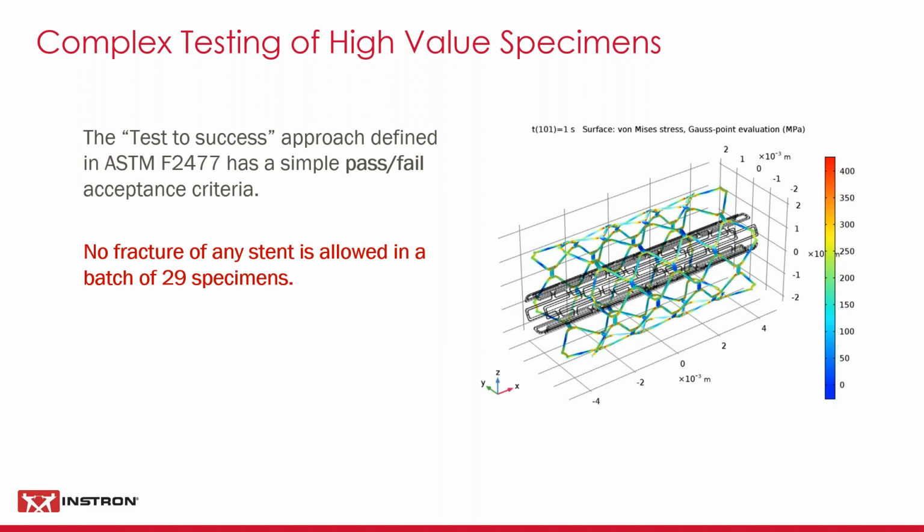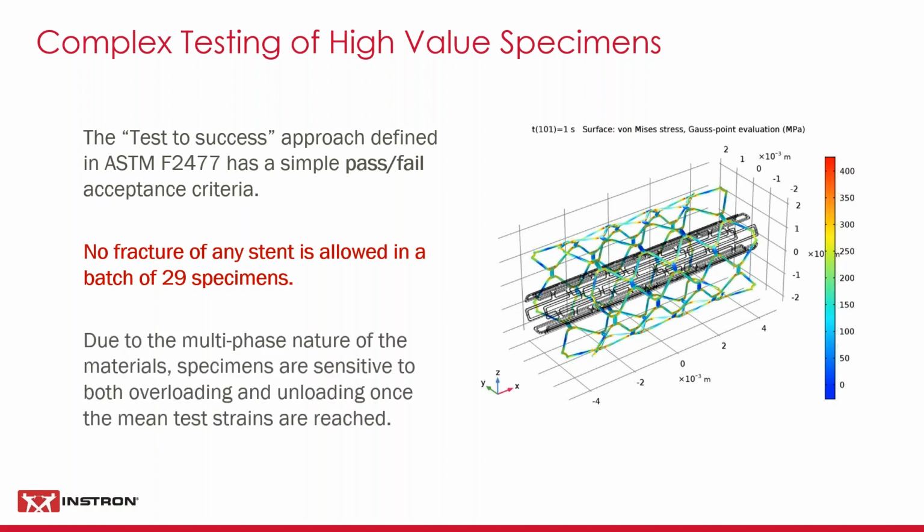Fundamentally, there must be absolutely no failure, no fracture of any part of the stent. So that makes life quite interesting. The other point to remember here is that we're looking at very small structures with quite interesting material, shall we say, from a phase structure viewpoint, and it certainly is not trivial to know that your whole structure is behaving as you think it is.